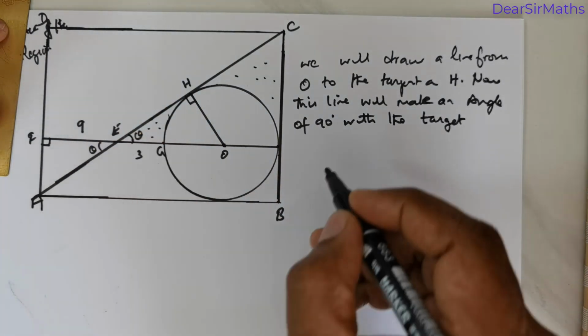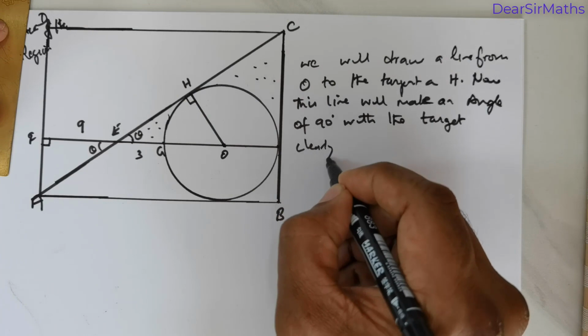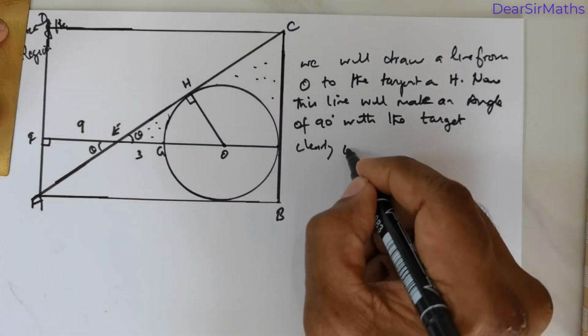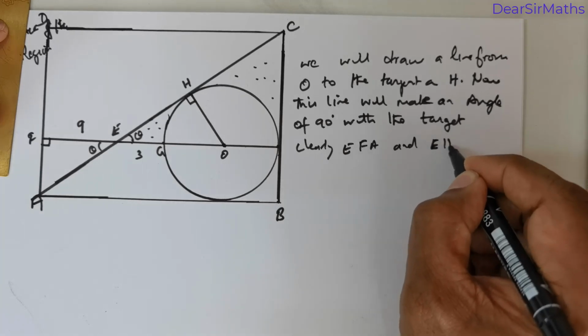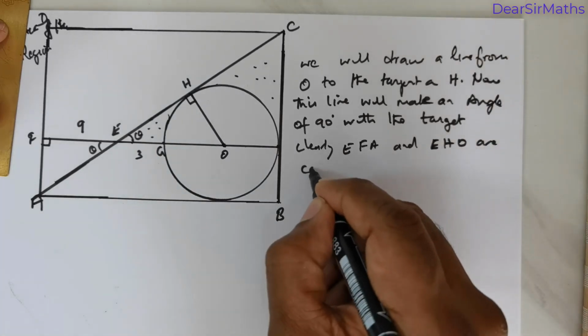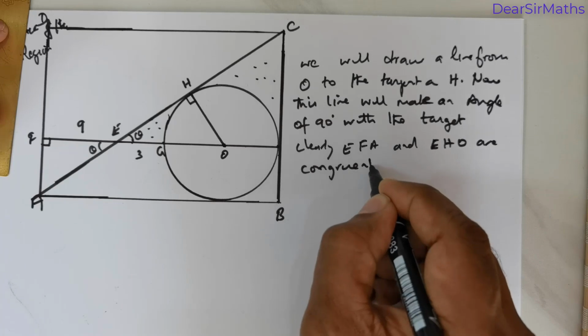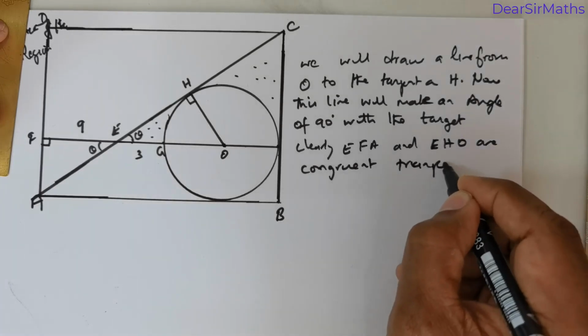So what are we dealing with? Clearly EFA and EHO are congruent triangles.